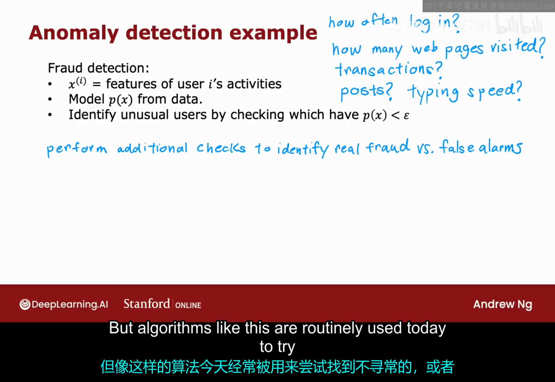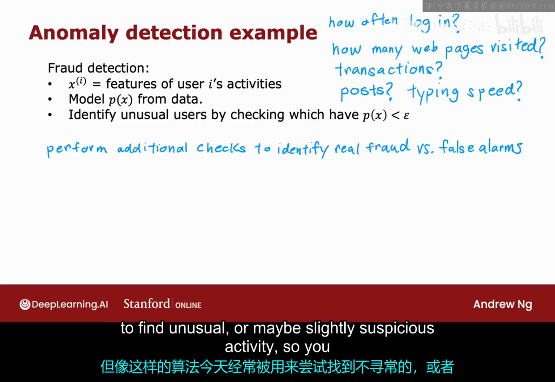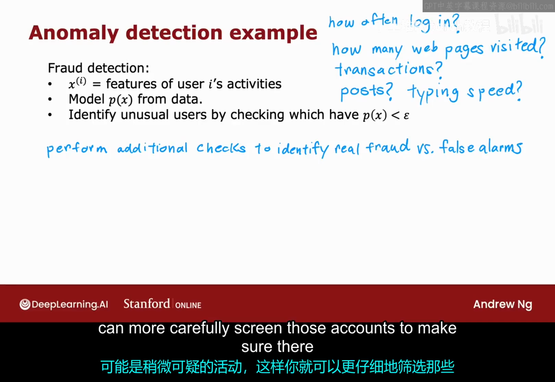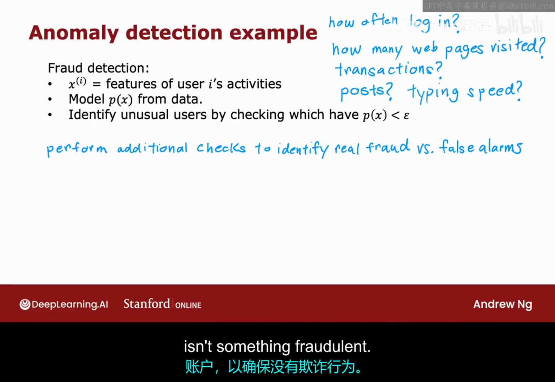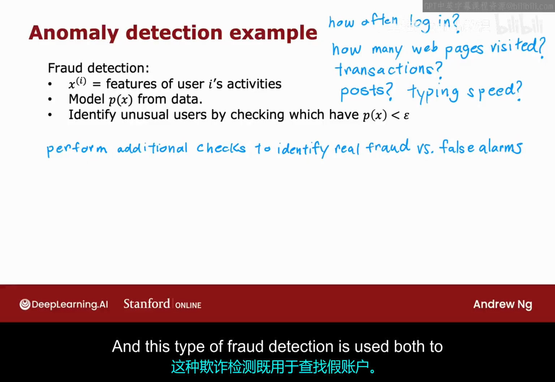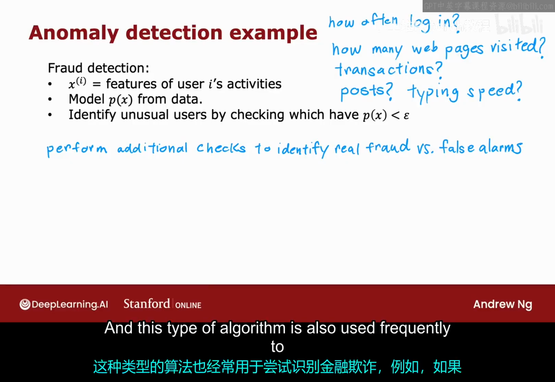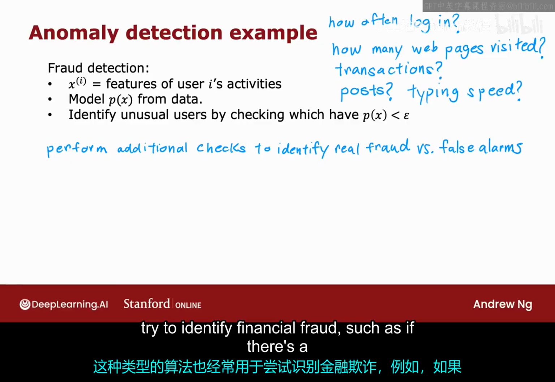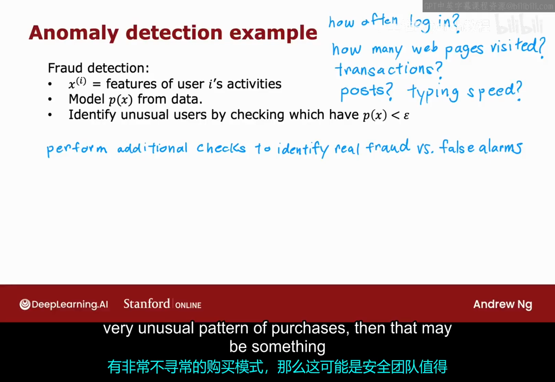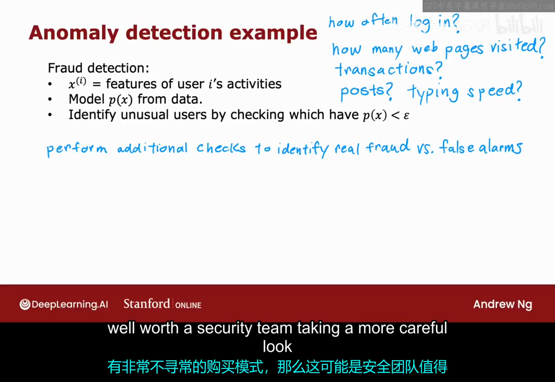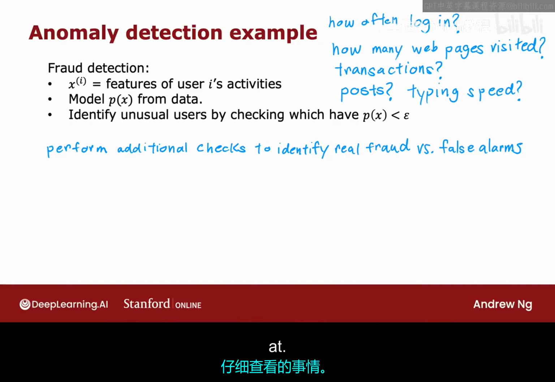But algorithms like this are routinely used today to try to find unusual or maybe slightly suspicious activity so they can more carefully screen those accounts to make sure there isn't something fraudulent. And this type of fraud detection is used both to find fake accounts, and it is also used frequently to try to identify financial fraud, such as if there's a very unusual pattern of purchases, then that may be something well worth a security team taking a more careful look at.